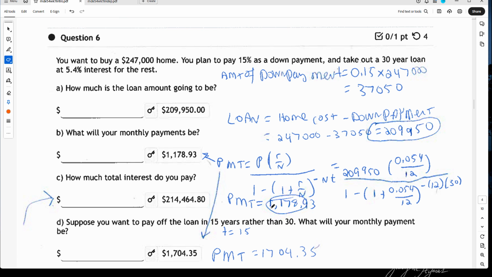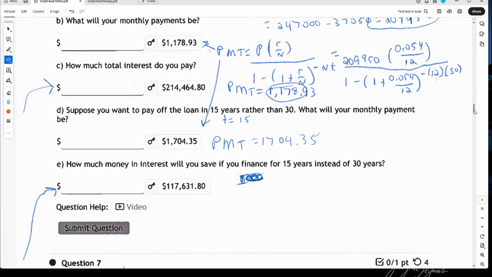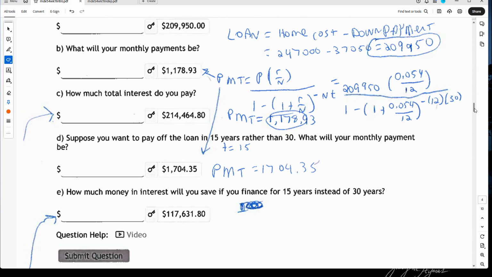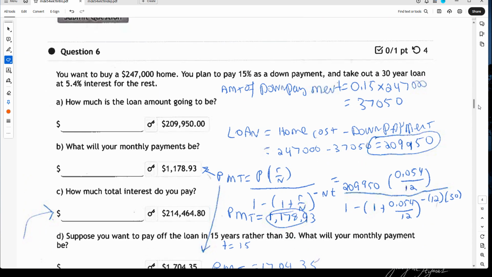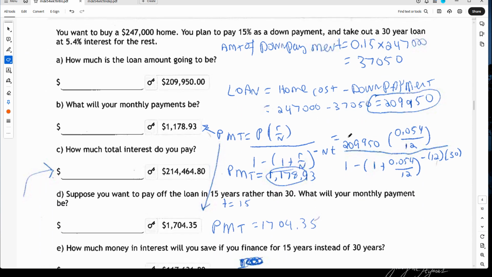So you have your payments there. So in this first one here, when they ask how much in total, what's the amount being repaid, you can go down here and find that.